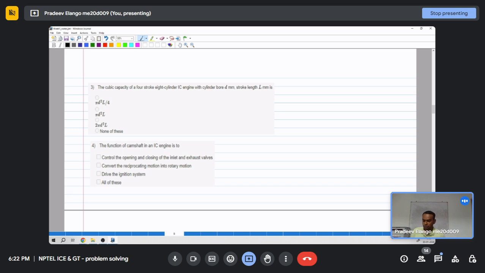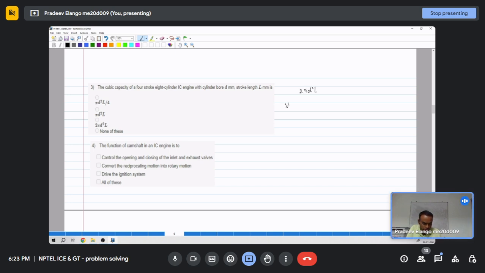The cubic capacity of a four-stroke 8-cylinder IC engine with cylinder bore D mm and stroke length L mm is given by dash. Options: pi d square L by 4, pi d square L, 2 pi d square L, or minus 2. How?